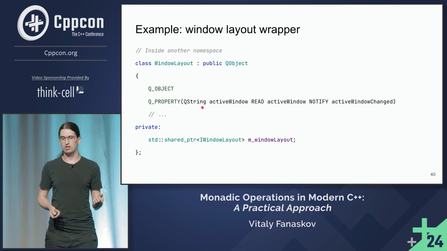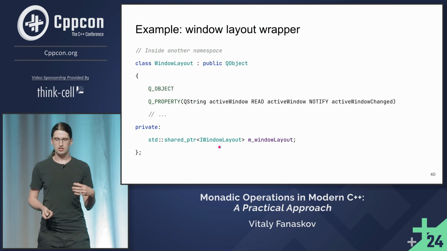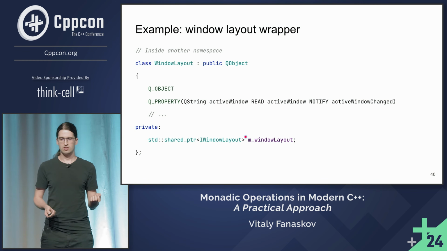The properties act like normal properties in many other languages. There are a getter, a setter, and a notifier when the property changes. All of those are just regular methods in the class. Then inside, as a private field, you have the layout, the implementation. Basically all operations come through this. It's a very teeny tiny wrapper over it.